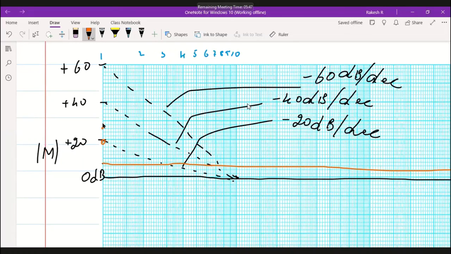First one is 0 to 1. This is 0.1, this is 1, and this is 10 here. So this is 0 to 1. That means now this is 6 dB here. It will end exactly at this point. Now draw a straight line like this. Sorry, don't draw. That means this point here.